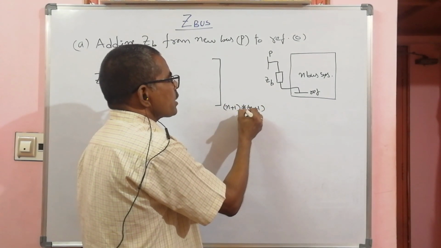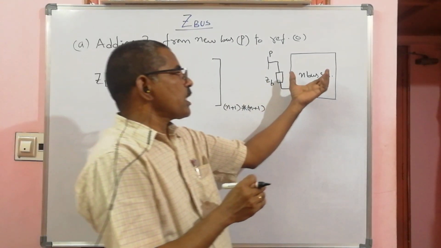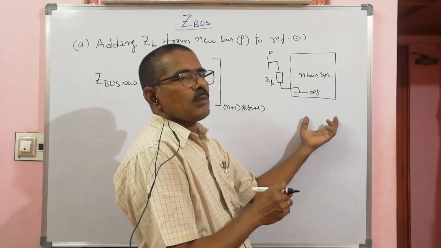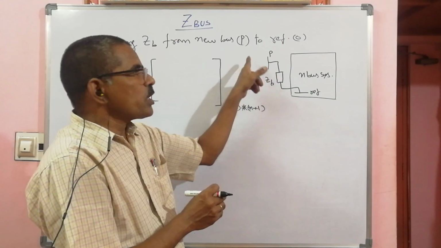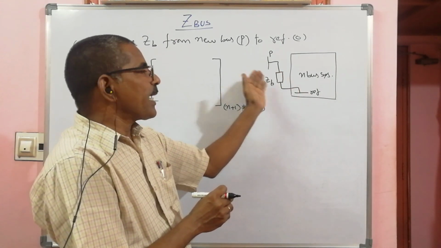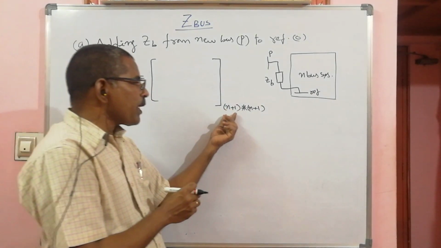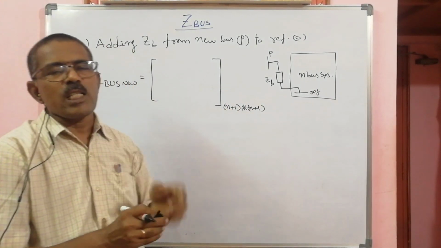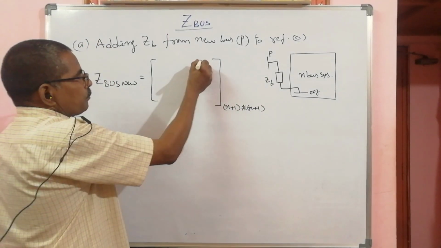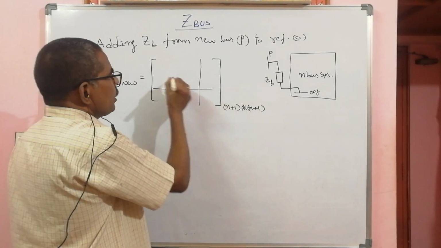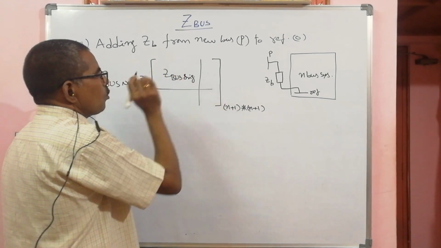The dimension increases, is it not? Because of added new bus. With existing n buses, it is n by n. But you are adding ZB between a new bus which is coming into picture and getting added to the system. So new Z bus becomes n plus 1 by n plus 1. Dimension increases by 1 because you are adding one new bus. Okay. Then you see, this is Z bus original.